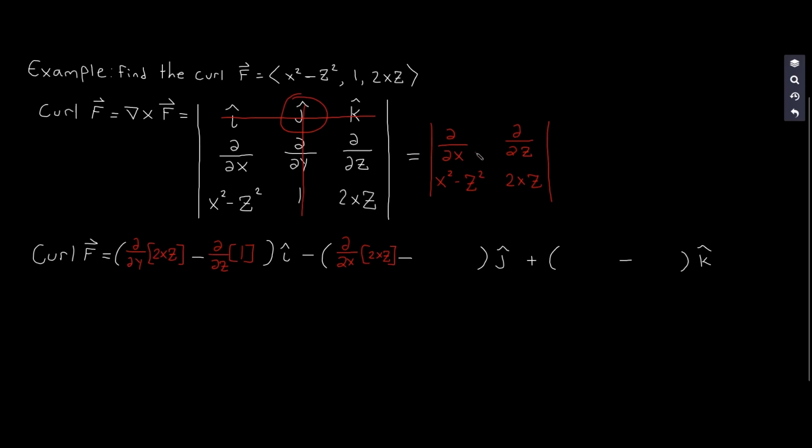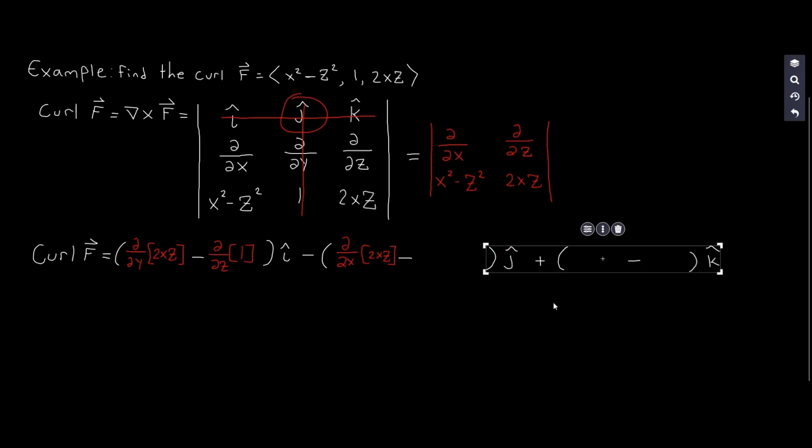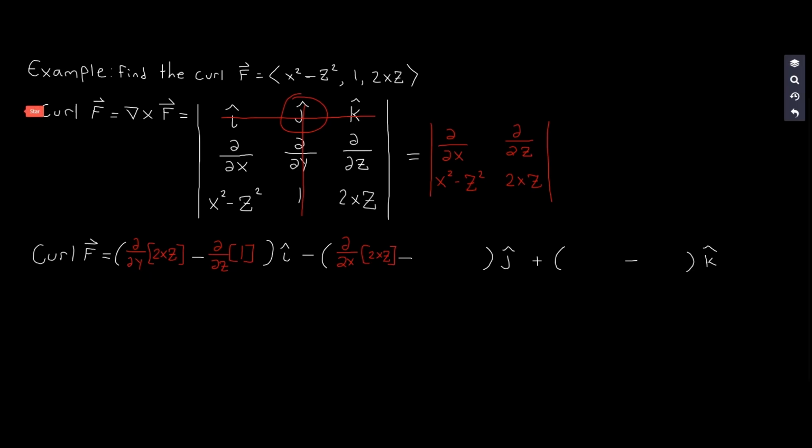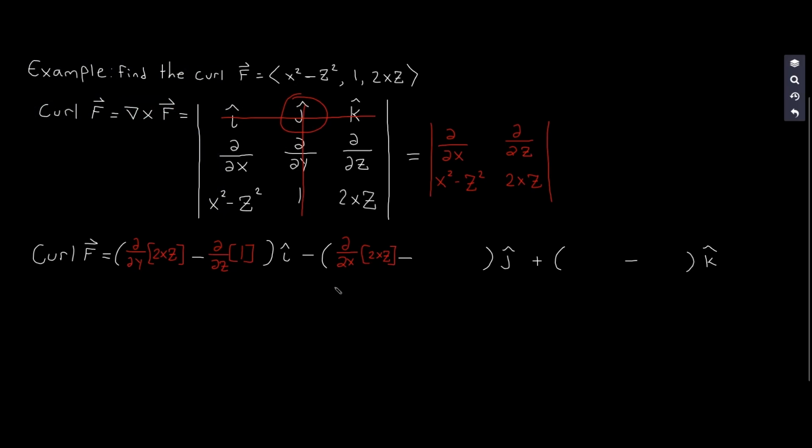Okay, and then what? We're going to subtract from that the partial derivative with respect to z of x squared minus z squared. And that's gonna do it for our j hat.